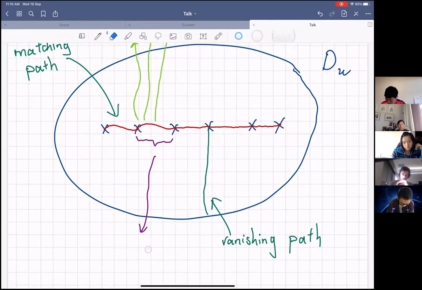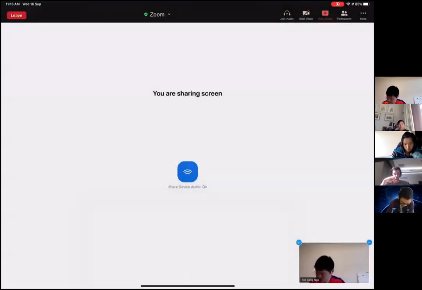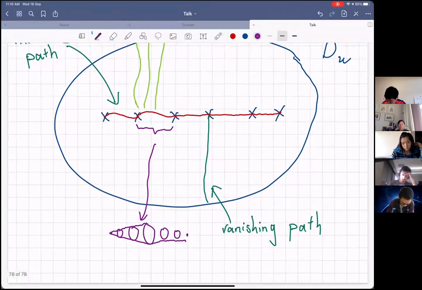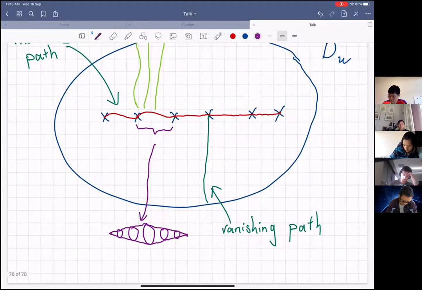Maybe I draw a bit bigger. So this is the Lagrangian sphere that you can get from the curve in the disk. And this is the Lagrangian submanifold.